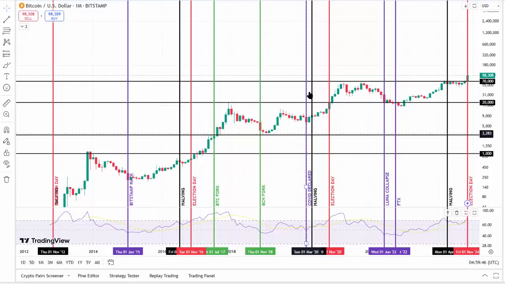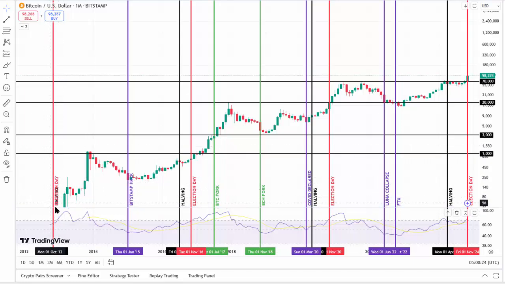Okay, so now let's pay attention only to the vertical red and black lines and ignore the rest. Black are the halvings and red are the US election day. And what I've just discovered that I didn't know is that the very first Bitcoin halving in November 2012 coincided almost perfectly with the US election day.